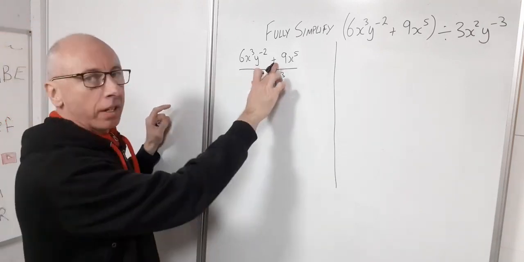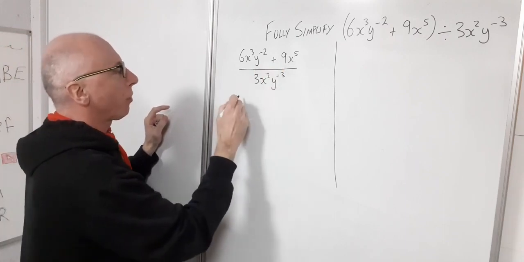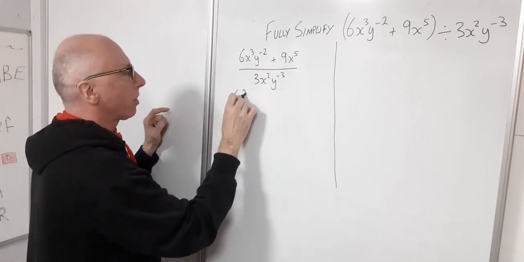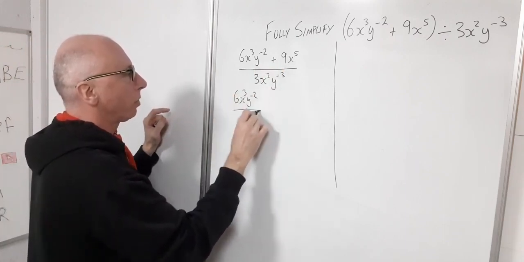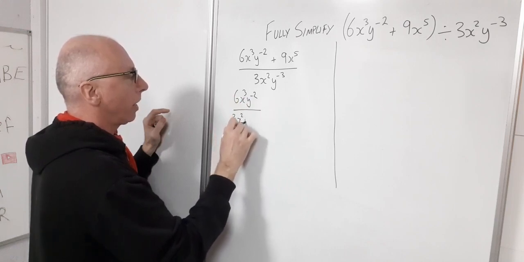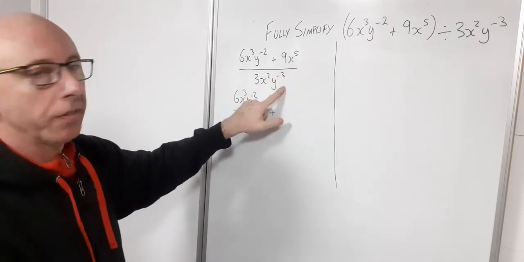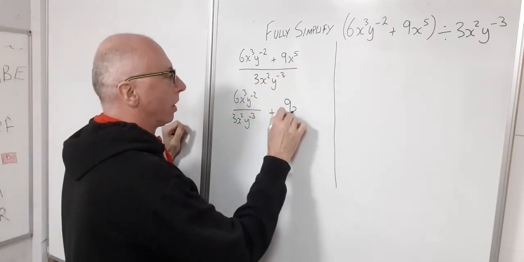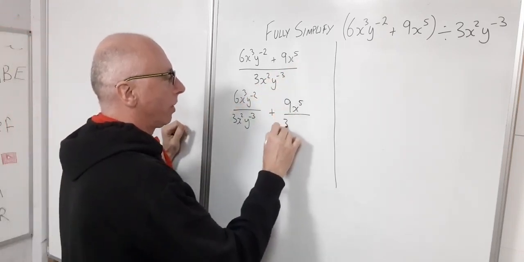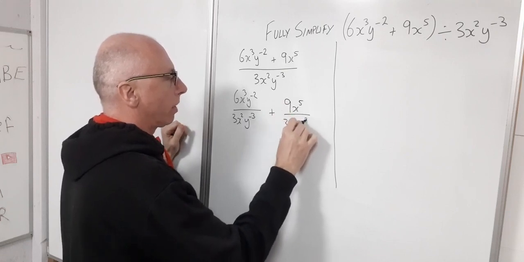As we've got this in our numerator, we can split it into two fractions. So now we've got 6x cubed y to the minus 2 over 3x squared y to the minus 3, and then 9x to the 5 over 3x squared y to the minus 3.